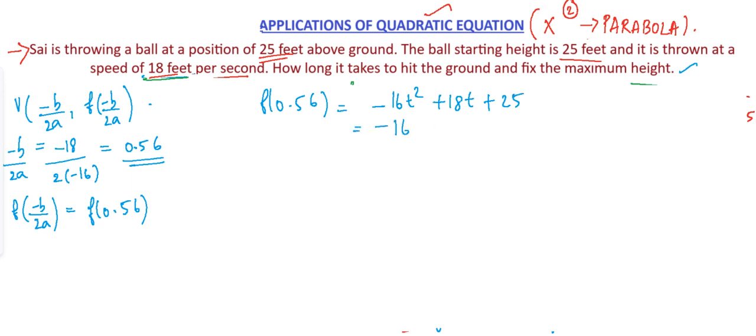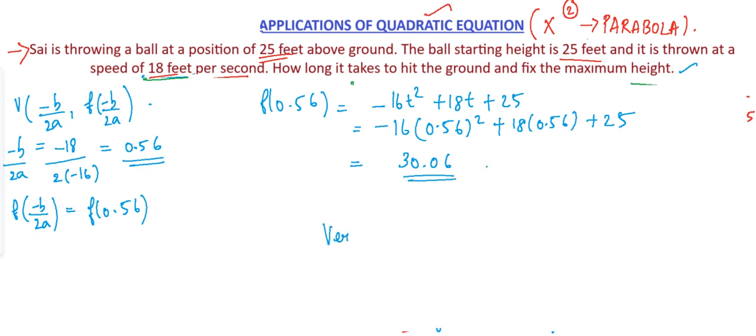So let's substitute the value of t as 0.56: minus 16 times 0.56 square, plus 18 times 0.56, plus 25. When you solve this, you approximately get the value 30.06. Therefore, the vertex value is 0.56, 30.06. So I have got an answer.